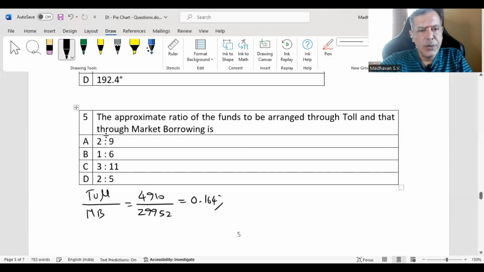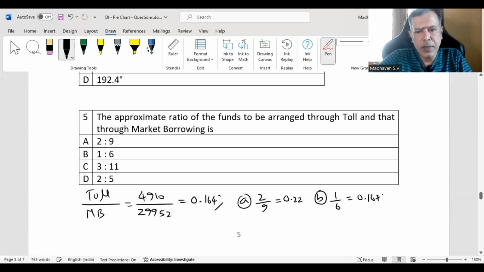Now, let us individually find out these options. Option A is 2 by 9, which works out to 0.22. Option B is 1 by 6, that works out to 0.167. Option C is 3 by 11, that works out to 0.27.